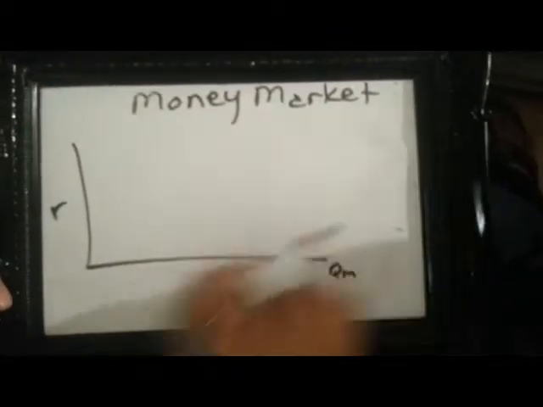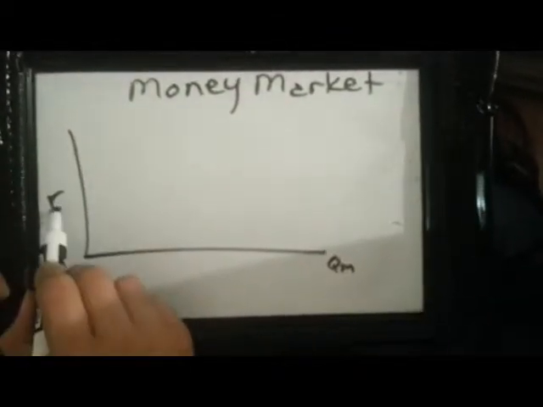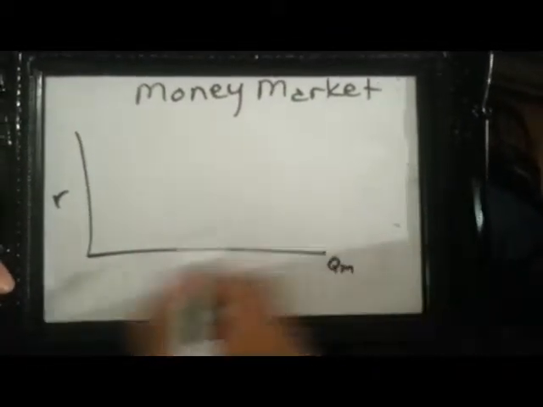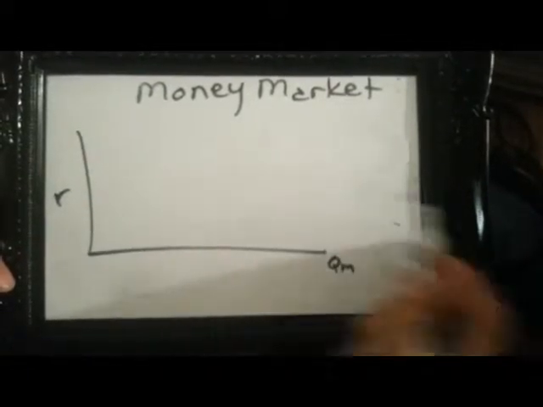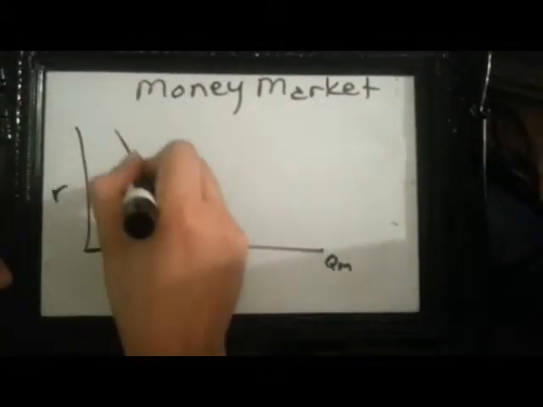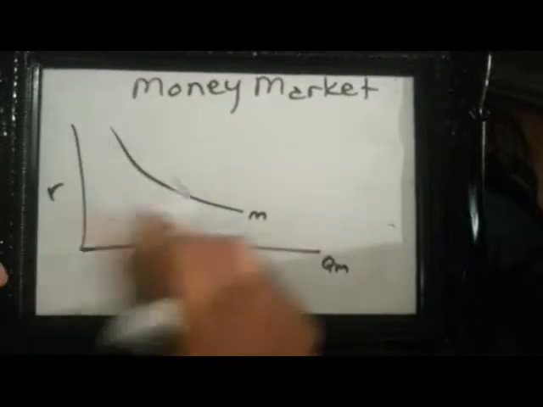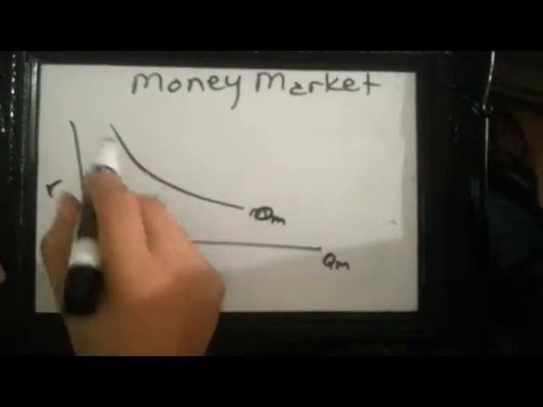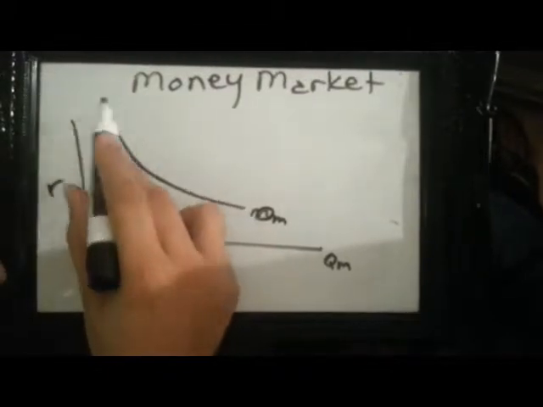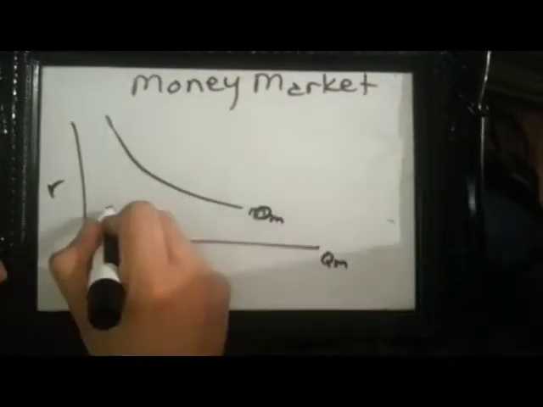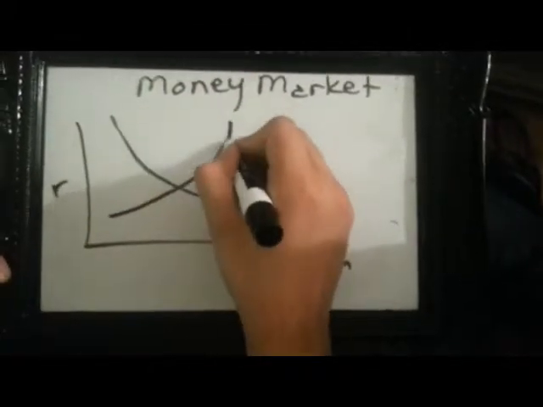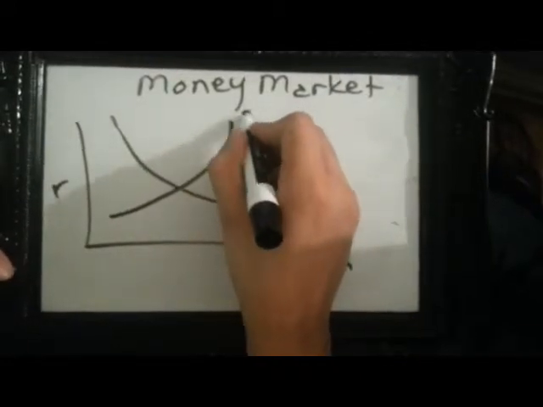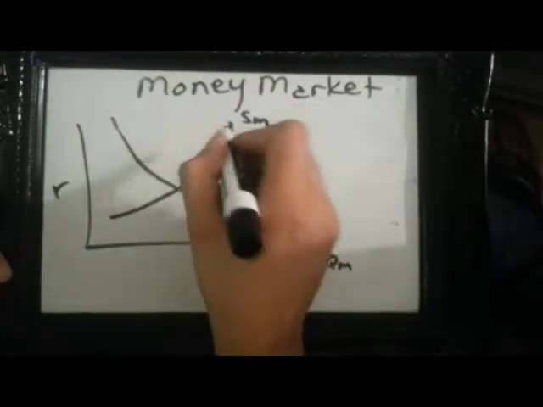We have our money market. On the y-axis we have the interest rate, and on our x-axis we have our quantity of money. So we have our demand for money, or D sub n, and this is determined by the banks. The supply of money is determined by the Fed.